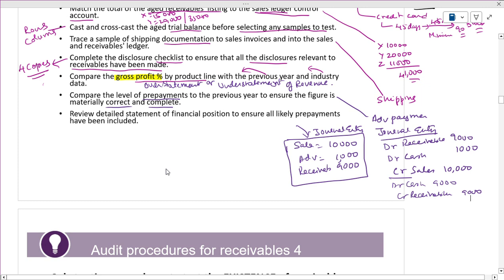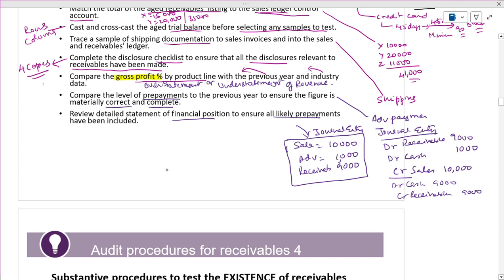Every time there will be advance payments, paid in advance. If any prepayments is there, you have to be very, very cautious. Review detailed statement of position that all prepayments have been included. The only thing that matters to us is with respect to prepayments.